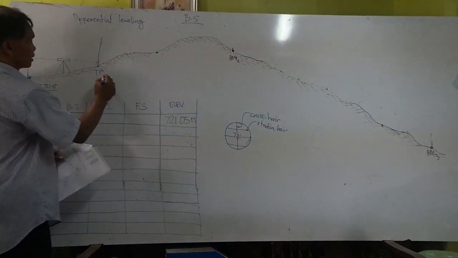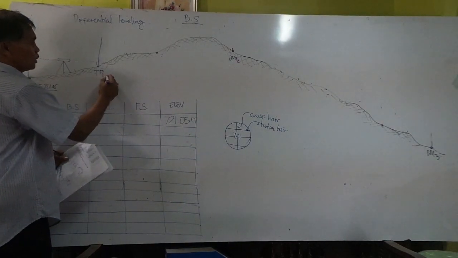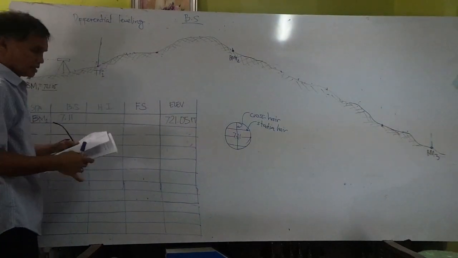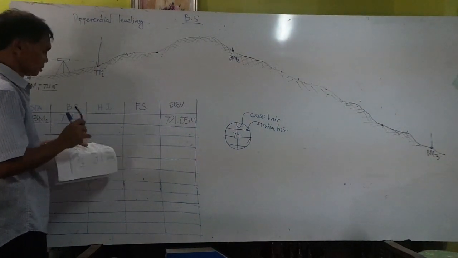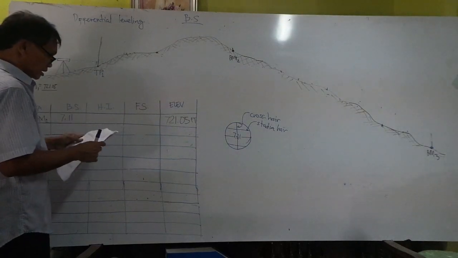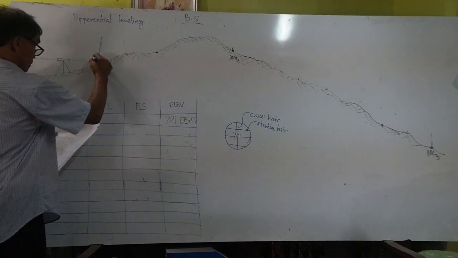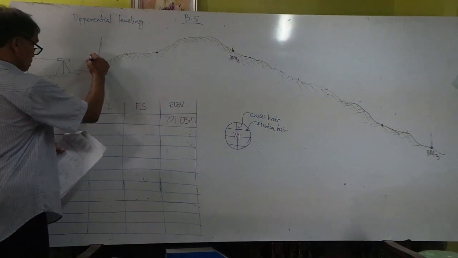So, pwede na ito ikalan TP 1, turning point 1. In our example, the reading that he had taken is 1.24.